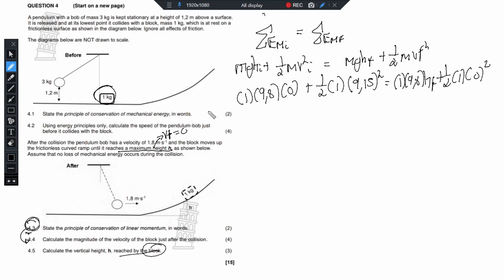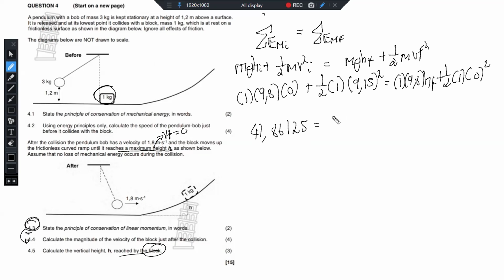Now, if you punch this into your calculator, what is half multiplied by 9.15 squared? We find a value of 41.86125. I'm not going to round off because it's not the final answer.